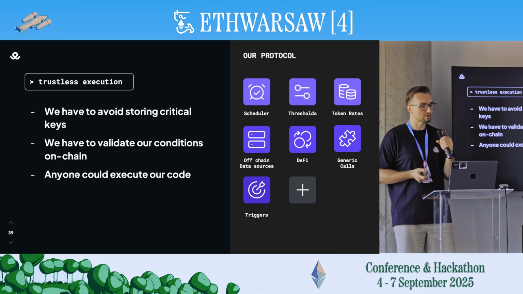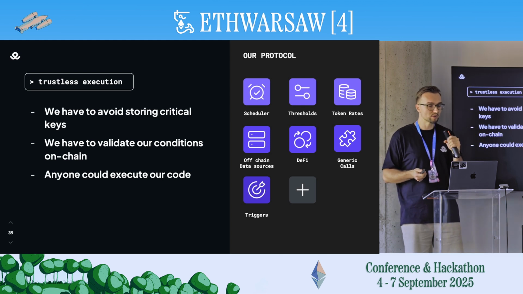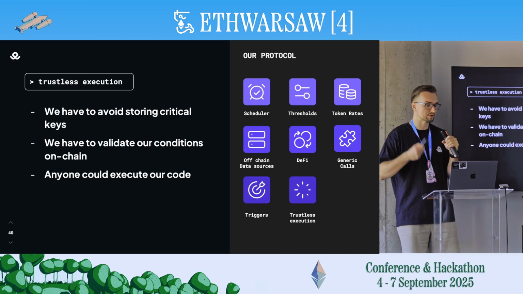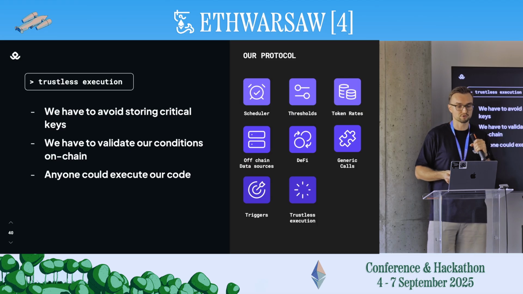We want to avoid storing critical keys. We have to validate the conditions on chain, and anyone could execute our code in a trustless way. So we've added trustless execution, which I'll explain how it works when we get to the protocol infrastructure architecture.